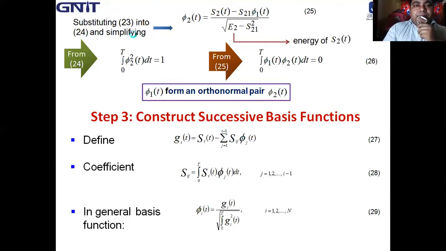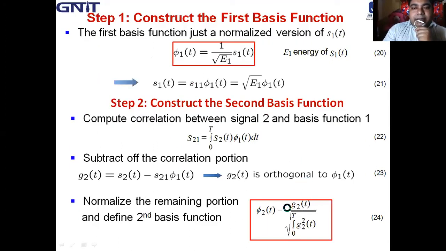Now substituting 23 into 24 and simplifying, phi 2(t) is equal to s2(t) minus s21 phi 1(t) divided by the square root of E2 minus s21 squared, because the integration of g2 squared, that means s2 squared(t), is nothing but the signal energy, minus s21 squared times the integration of phi 1 squared(t), which is 1.